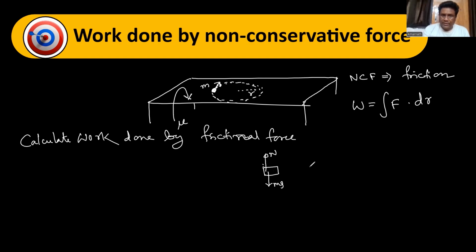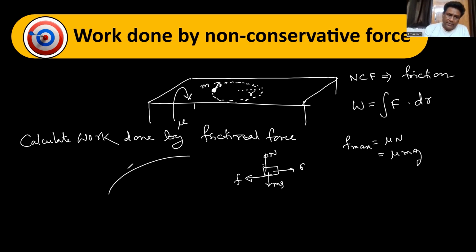If you apply a force rightward, then friction will be leftward, okay? But as it is dragging, the frictional force will obviously be the maximum frictional force only, okay? And maximum frictional force, F max, is always equal to mu into N and always equal to mu into mg, okay? So now you see, for a small path, say from here to here, the displacement is along this, but friction is along the opposite direction.